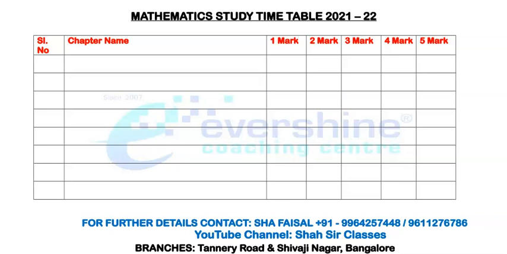As you can see the steps, you can easily define whether you are solving 1 mark or 2 mark questions. All the 1 mark questions, in case you have covered, tick right mark here. If 2 mark questions you have covered, tick 2 mark here. 3 mark questions if you have covered, tick 3 mark here. I'll also tell you later from which chapters you can expect 3 mark questions.